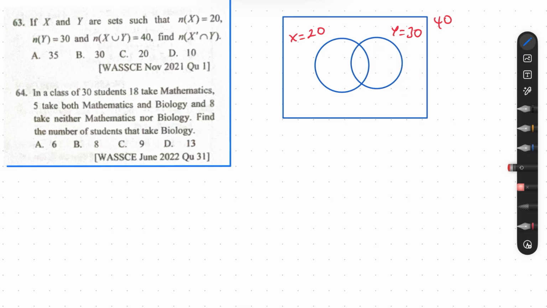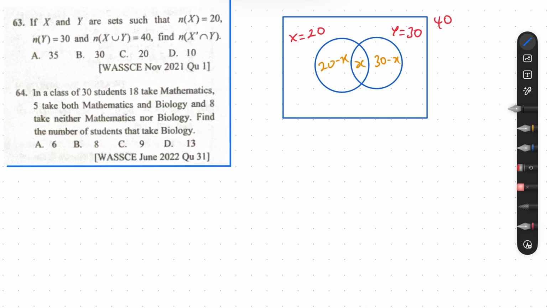Now let's put x as the intersection between x and y. So let's put x right here. If you put x here, that means x only will become 20 minus x, and y only will become 30 minus x. So how do we find x? Find x by adding everything here and equating to 40.